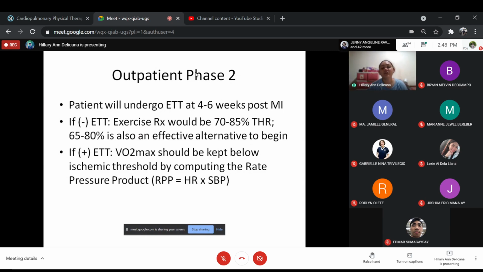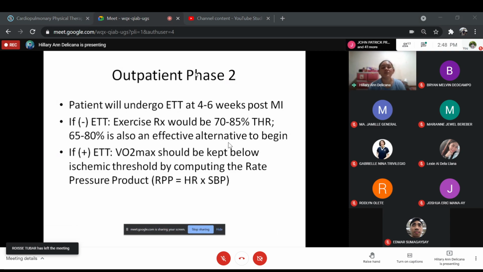So your patient will undergo the exercise tolerance test again at 4 to 6 weeks after the myocardial injury. If, for example, the ETT is negative again, your exercise prescription would be 70 to 85% of the target heart rate. Or if you don't want the patient to be overly strained, you can introduce 65 to 80% first.